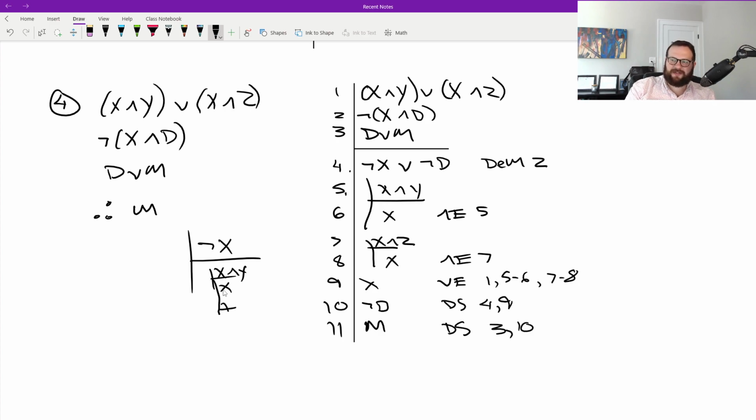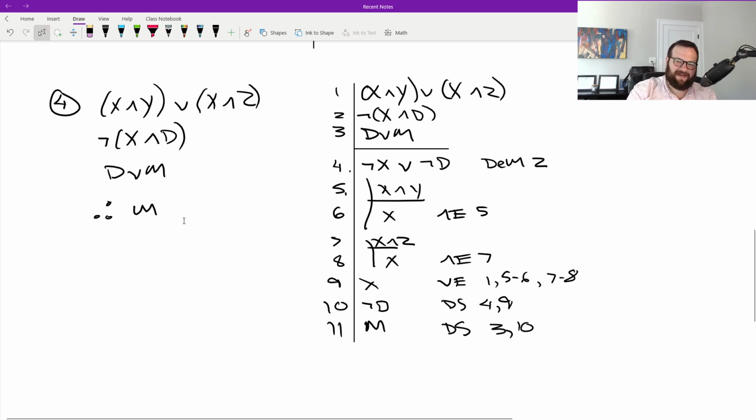You could show that both sides lead to the same contradiction and then get X by itself. Okay? You could get X by itself that way. But that's still not going to help you until you do the De Morgan's, right? So it's very useful. De Morgan's laws are extremely useful.